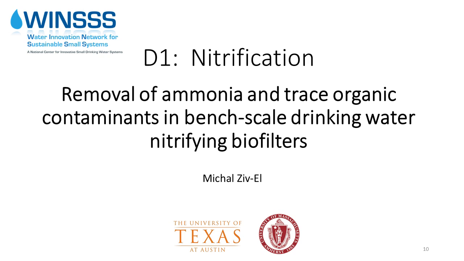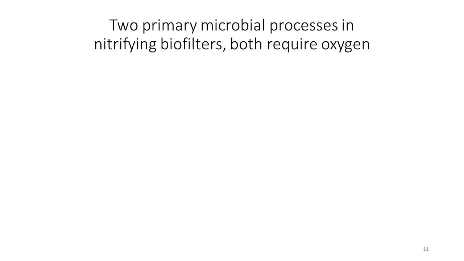Hi, good afternoon. I'm going to talk to you about the status of our bench scale nitrifying biofilters for removal of ammonia and trace organic contaminants. I'll start off with a really brief refresher on nitrifying biofilters. There are two primary processes, and both are oxidation processes.